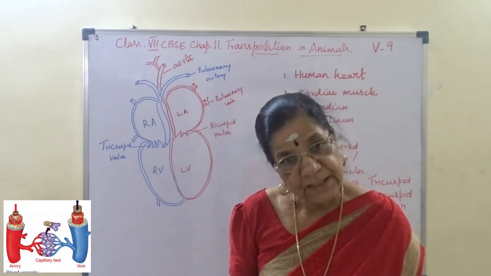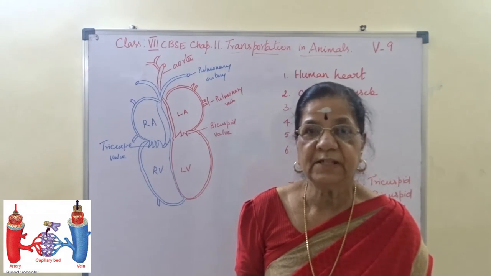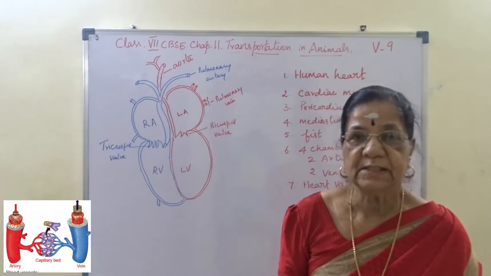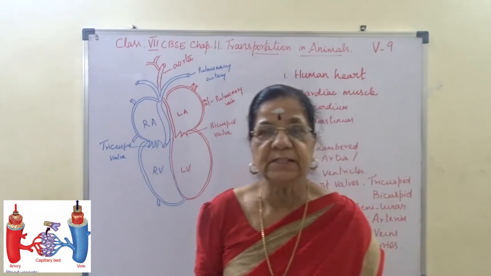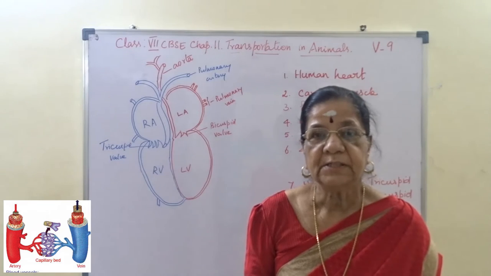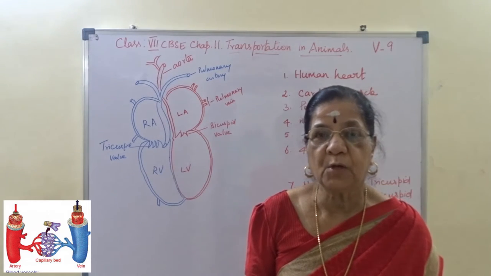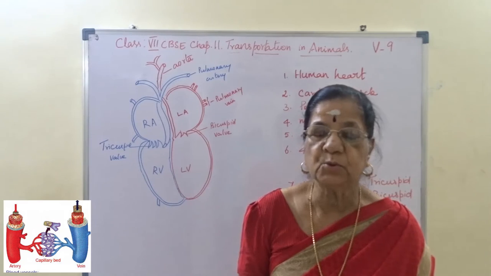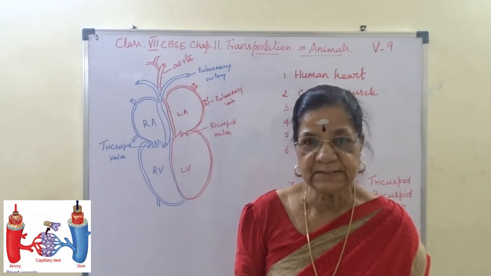Nutrition we have learned, in chapter 2 in our syllabus, nutrition in animals, is it not? In that we have learned about nutrition, how amoeba captures the prey forming the food vacuole, and then food is digested.